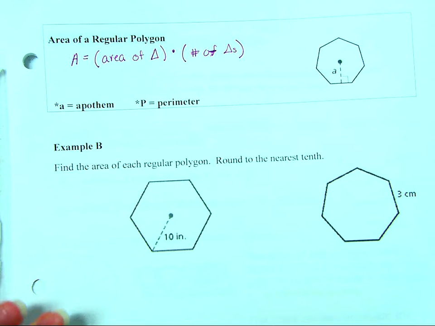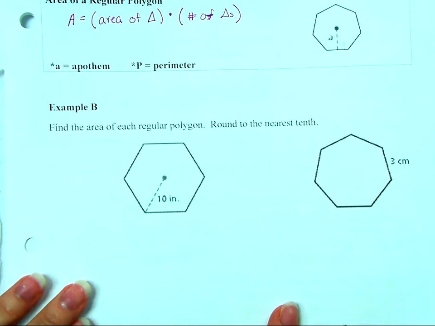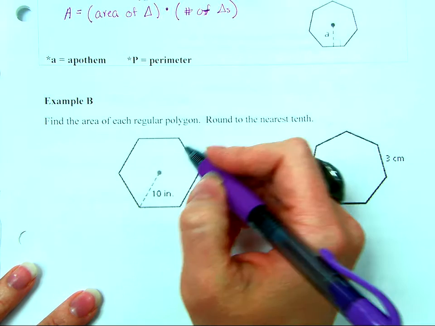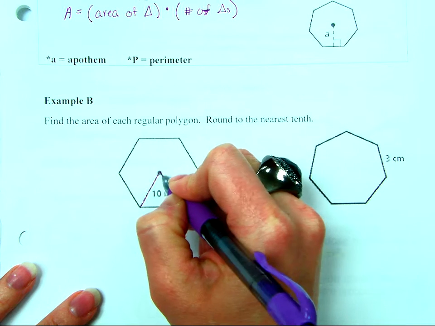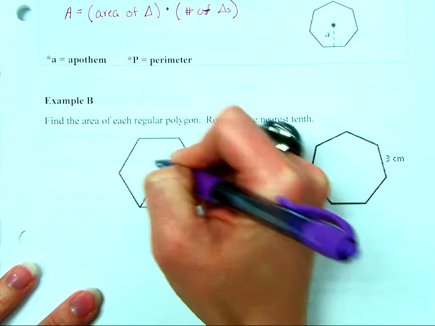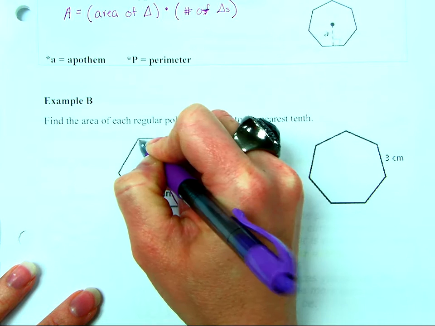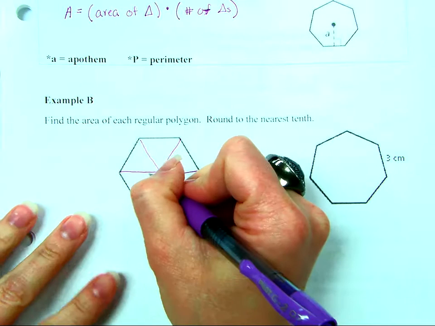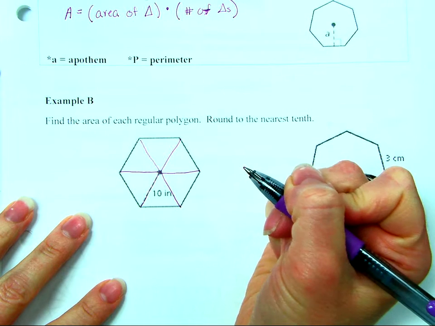Above, but if we take a look at example B, and we wanted to find our area, if I wanted to split this into my triangles, well, this time I can see I have a hexagon, so I actually have 6 triangles. My very first step is going to think about finding the measure of my central angle.